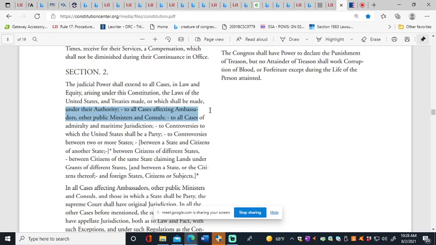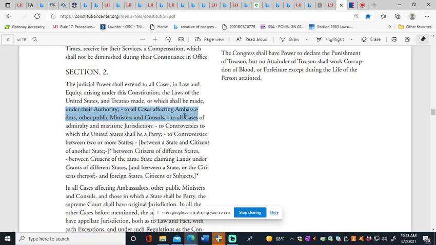So, I want you to keep this in mind right here. I want you to keep in mind their authority: to all cases affecting ambassadors, other public ministers, and consuls. This is very, very important.